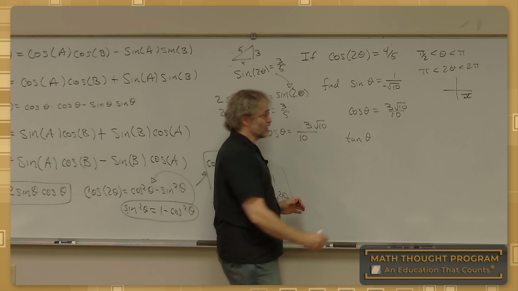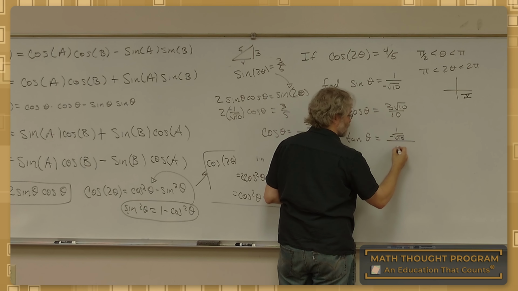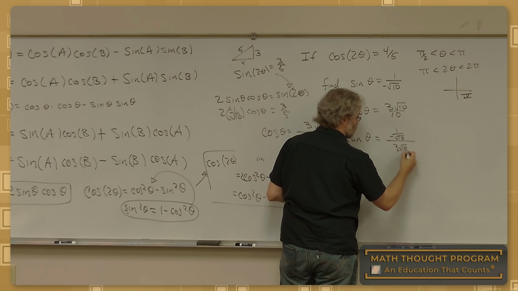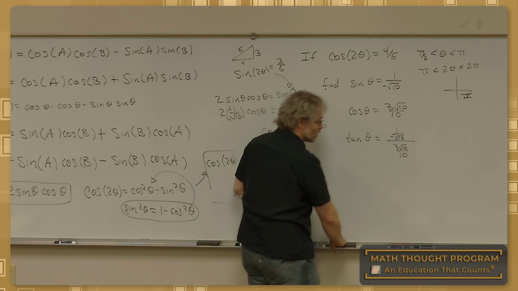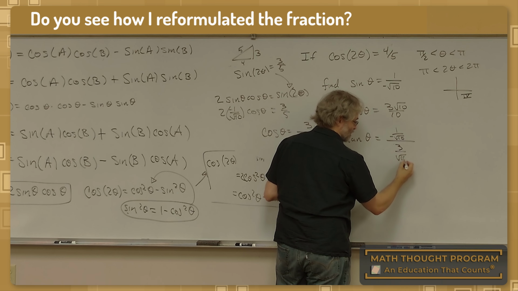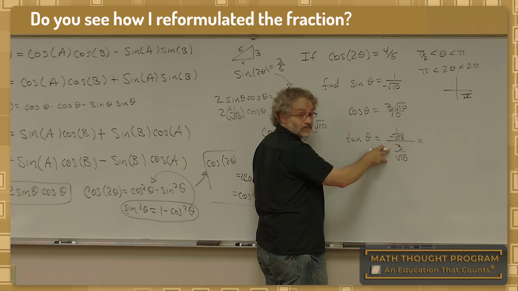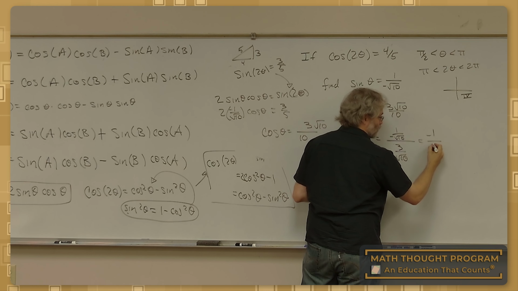It'd be a whole lot easier if you do that. Then clean it up in the very end. Do whatever you have to do. You could unsimplify this real quick. You would have 3 over root 10. Check to see what I did there. But you're getting negative 1 over 3.